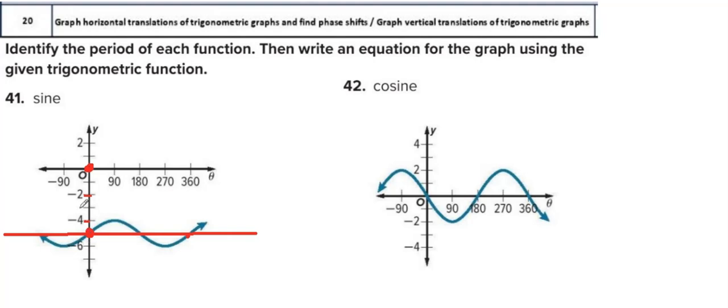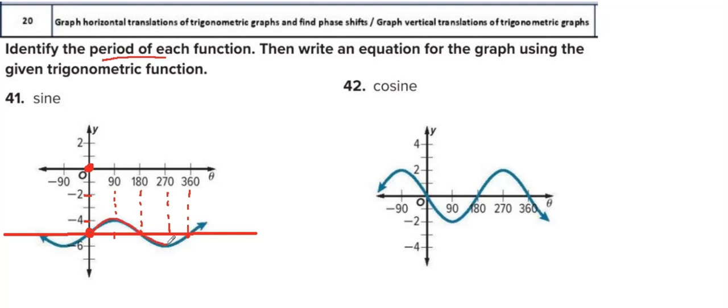So that means it has a vertical shift. Vertical shift is -5. But here they want to identify the period of each function. Period is easy to identify. You know this is 0, and here we have 90, 180, 270, and 360.